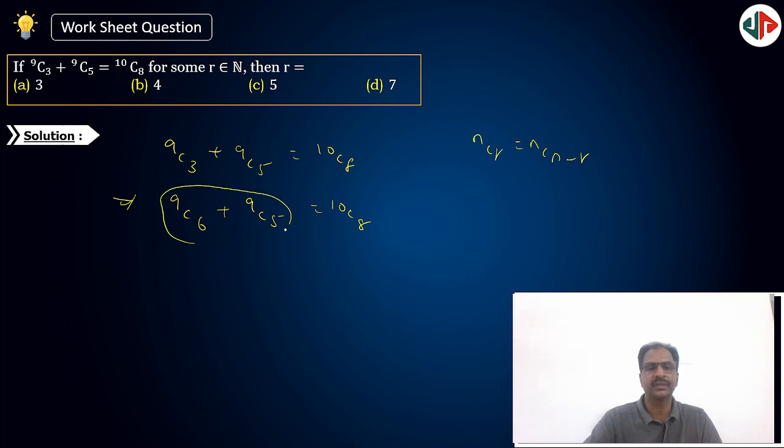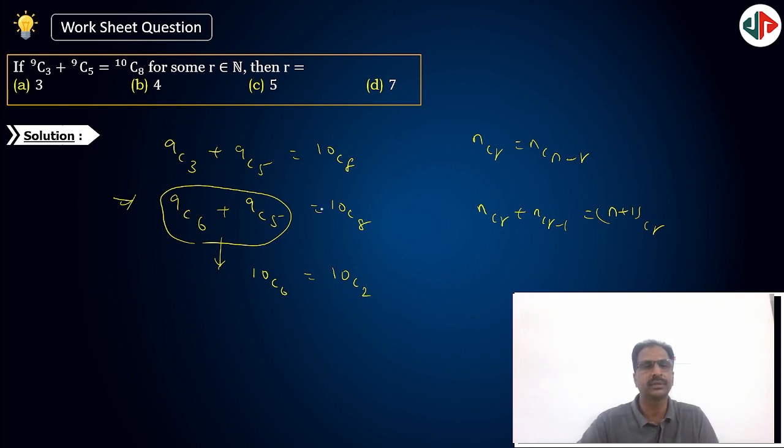Now, this left hand side is in the form of NCR plus NC(R minus 1), which is (N plus 1)CR. So, what is 9C6 plus 9C5? By using that formula, 10C6.